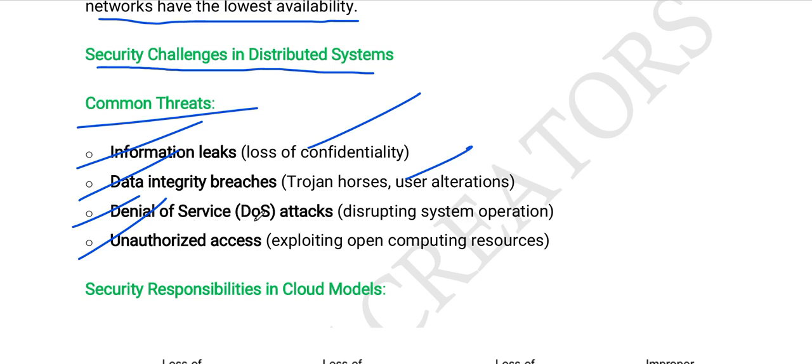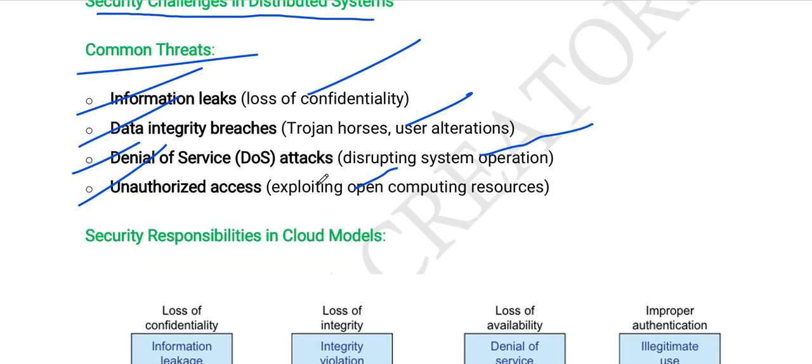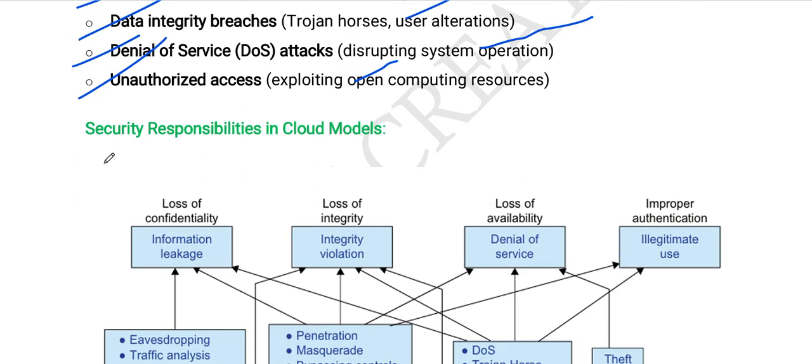Denial of service attacks, like DoS, disrupt system operation. Unauthorized access means exploiting open computing resources, where a person who is not authorized has accessed them. These are the common threats.